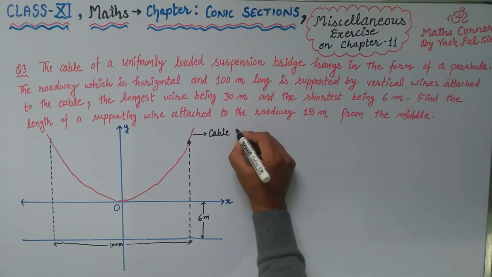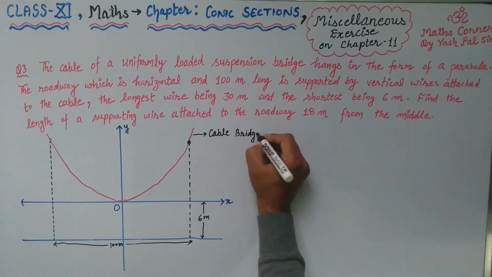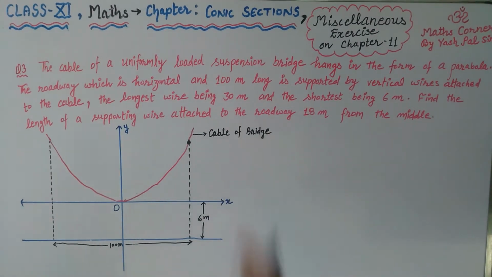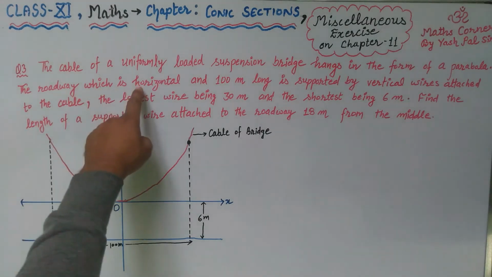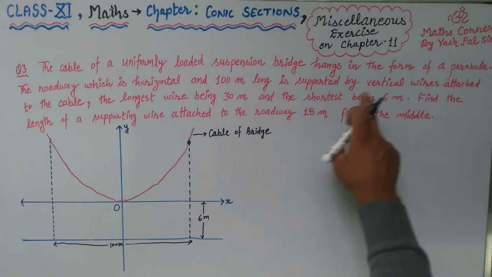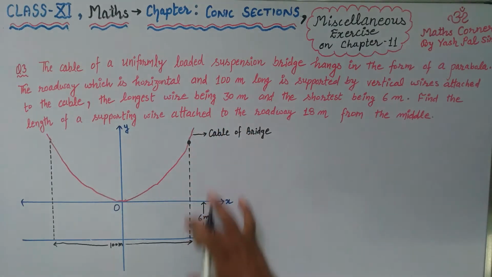Now the next statement is the roadway, which is horizontal and 100 meter long. So the roadway is 100 meter long, supported by vertical wires attached to the cable. These are the vertical wires.